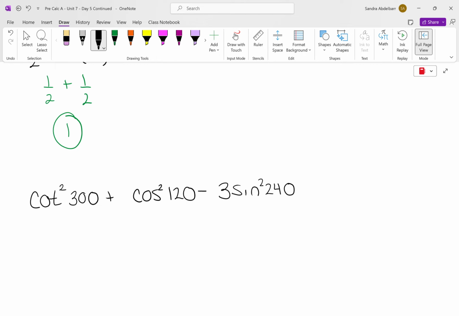I need to make these into special triangles. So I need to make the reference angle either 30, 60, or what was the last one? 45. So we need to make the reference angles either 30, 60, or 45.